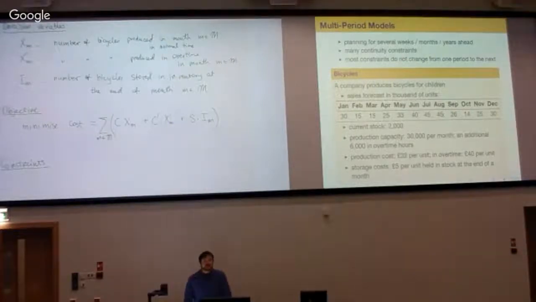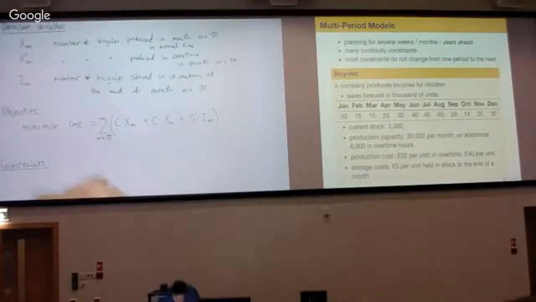Okay, so what kind of constraints can you see? Production capacity, is that a constraint? Yes.